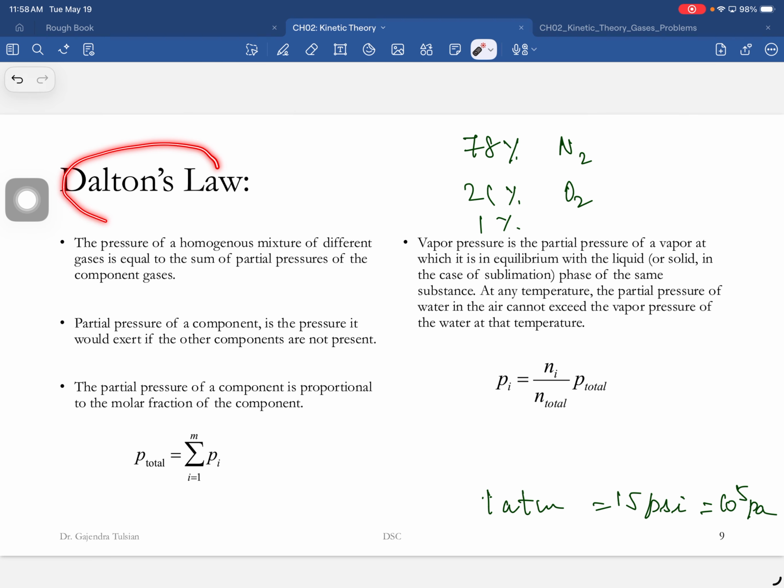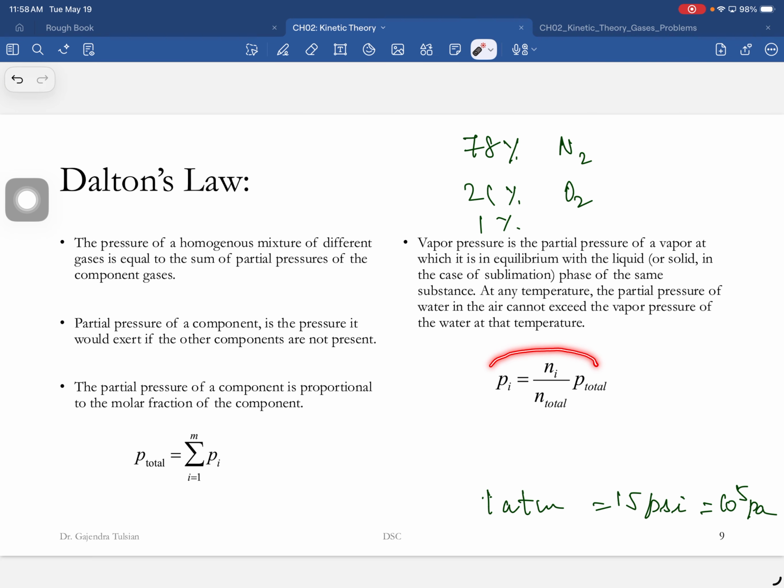So what Mr. Dalton realized was, the total pressure in this room is 1 atmosphere, and there are several gases in this room, and the total pressure is exerted by the individual gases. So the total pressure is the pressure exerted by nitrogen plus the pressure exerted by oxygen and so on.